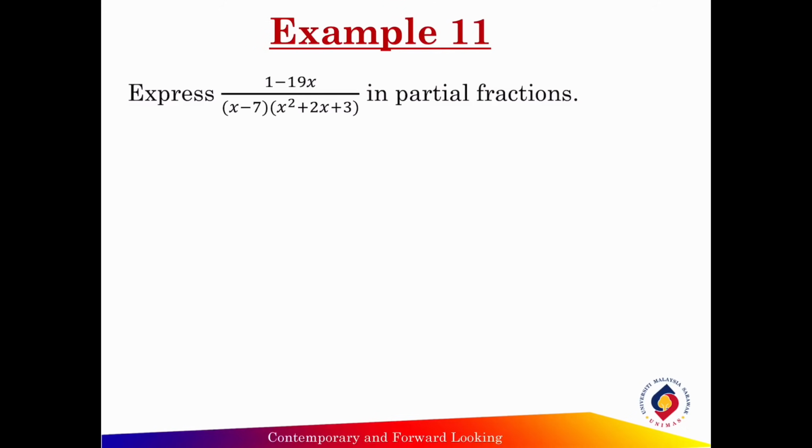Okay, so we can go to step number 2, which is to factorize the denominator of the rational function. Check x squared plus 2x plus 3 to see whether we can still factorize this quadratic expression. But once we check, we cannot do that, which means we have a linear denominator factor and a quadratic denominator factor.